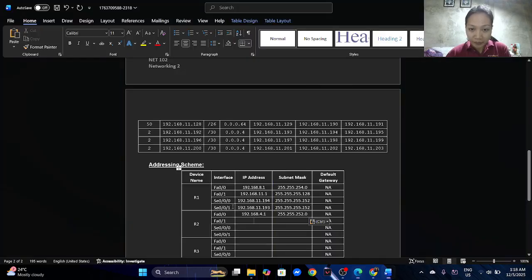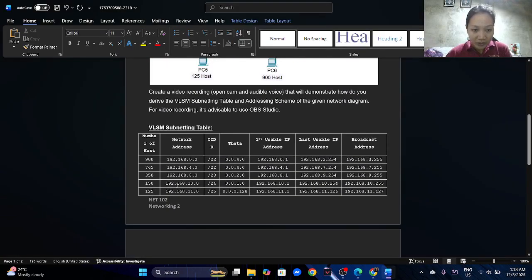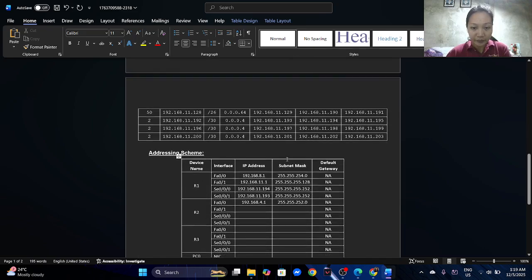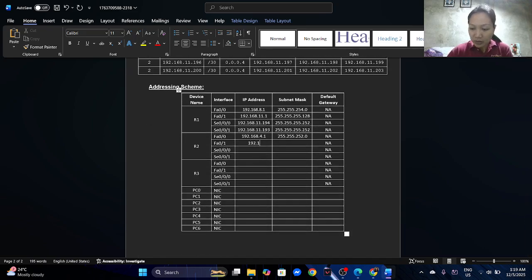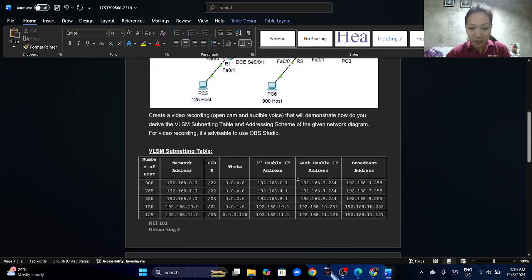And FA1 is host 150. Host 150, first usable address is 192.168.10.1.